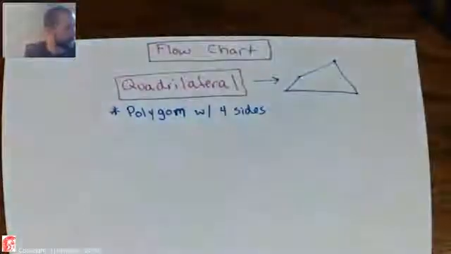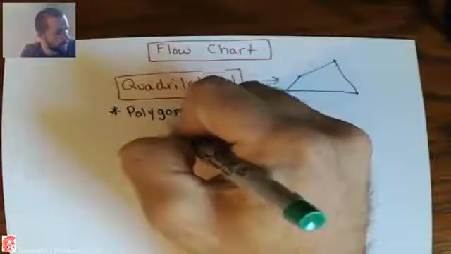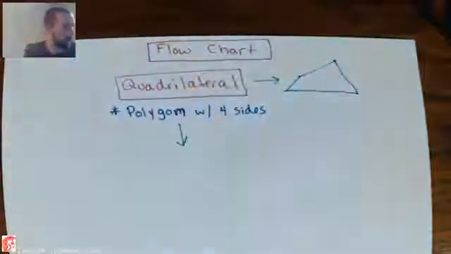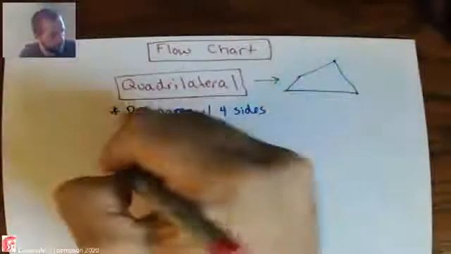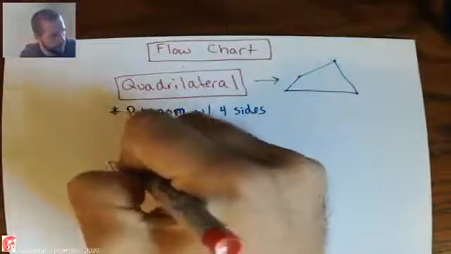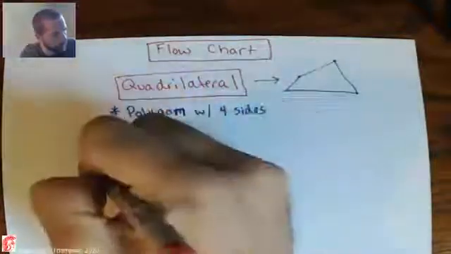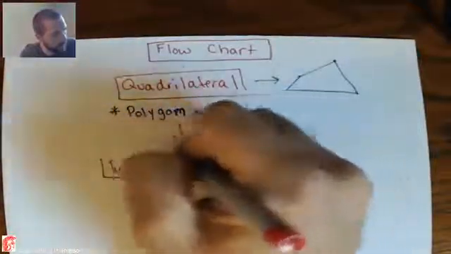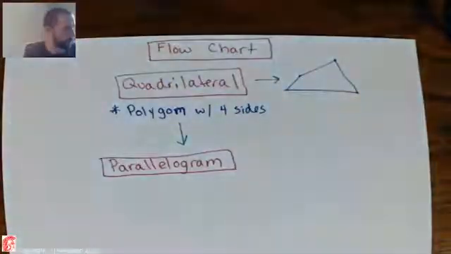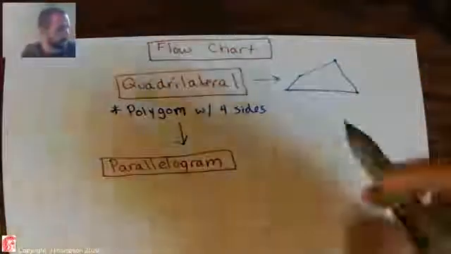Okay, so then after we talked about what a quadrilateral is, we talked about a special type of quadrilateral, which was the parallelogram. Okay, so a parallelogram looked something like this.